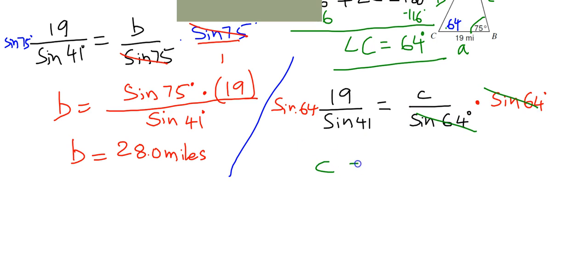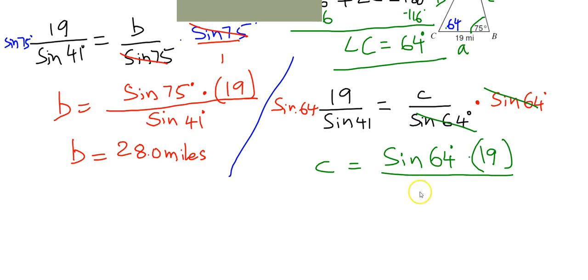Your C is equal to sine 64 times 19 over sine 41 degrees. Let me go to my calculator again.